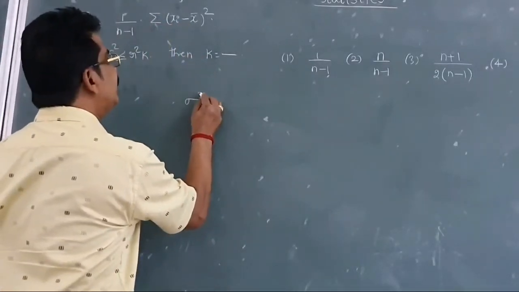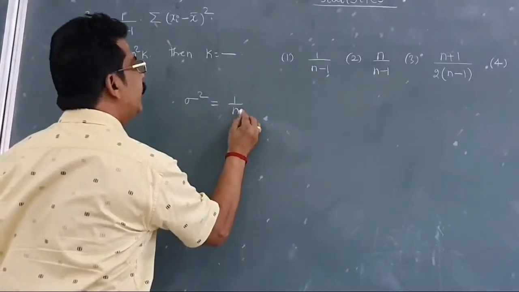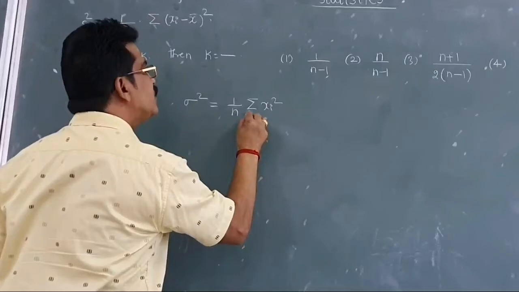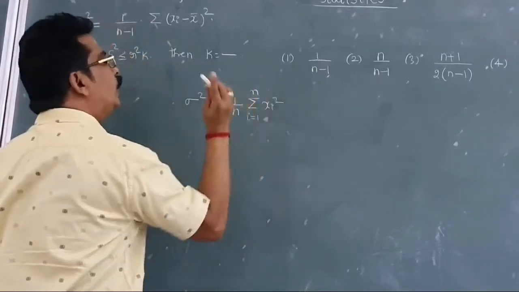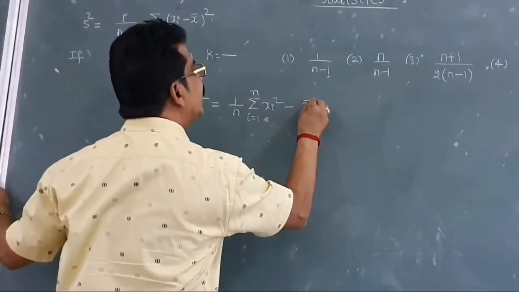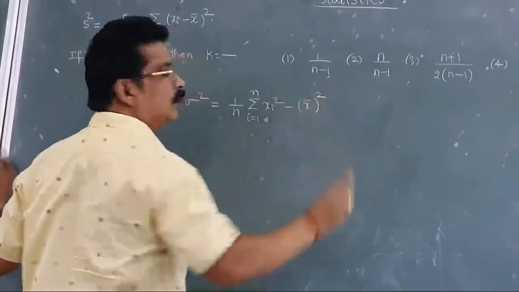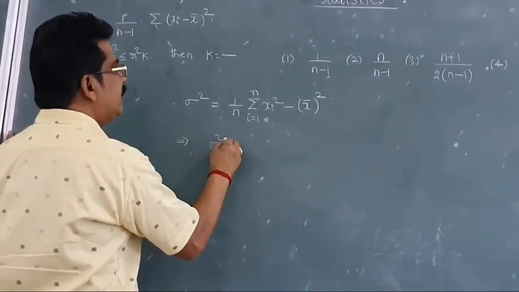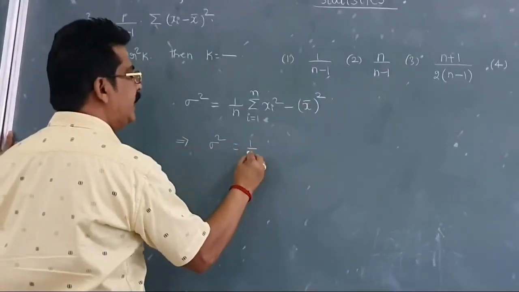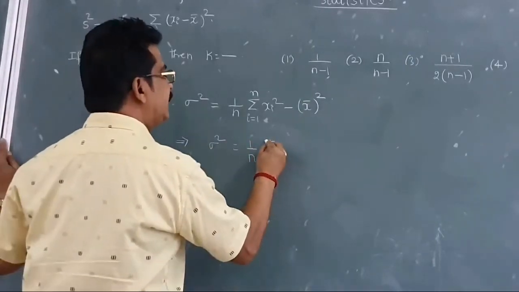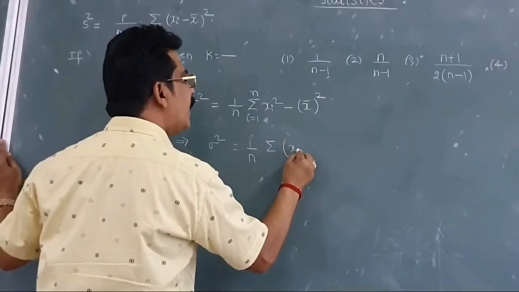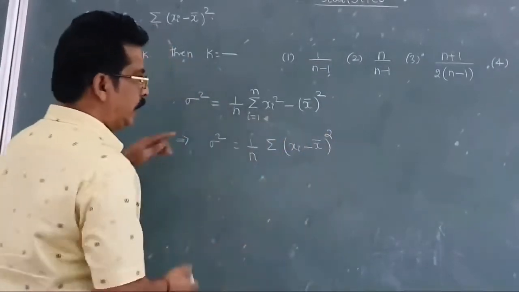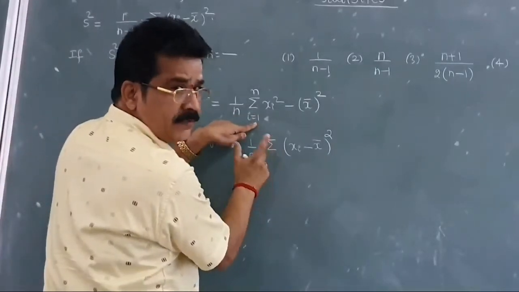Actually, sigma square is equal to, for ungrouped data, 1 by n sigma xi square minus x bar whole square. Okay, so that implies sigma square equal to 1 by n sigma xi minus x bar whole square. Both are of the same form.